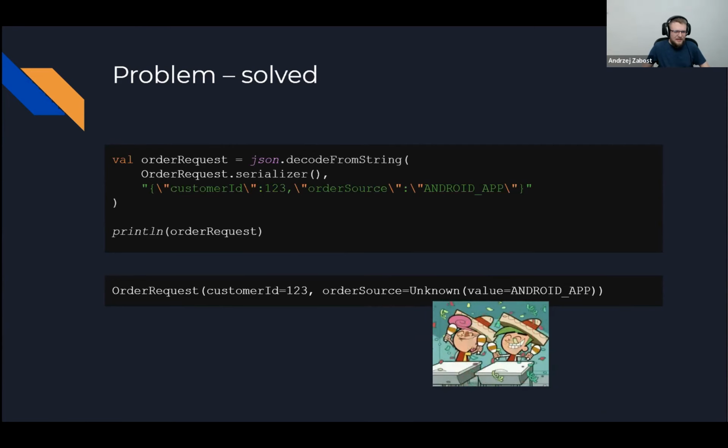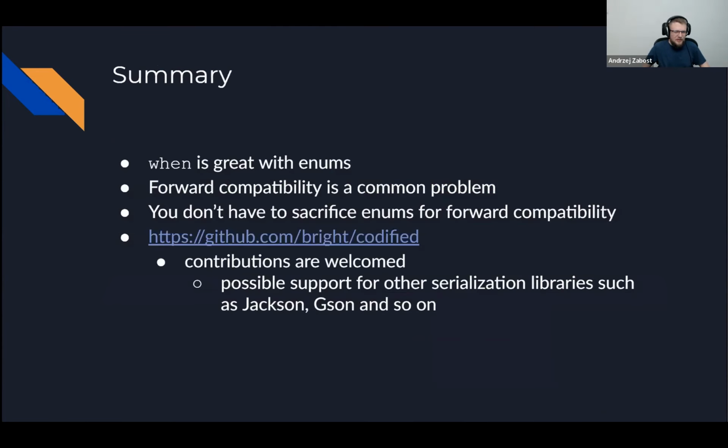And okay, just to quickly summarize this whole presentation, again, when expressions and when statements are really great with enums. They are making our lives much easier. They are preventing us from making simple, stupid errors and forgetting to handle new values of enum classes whenever we add some.